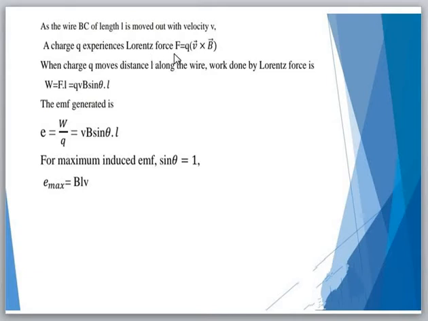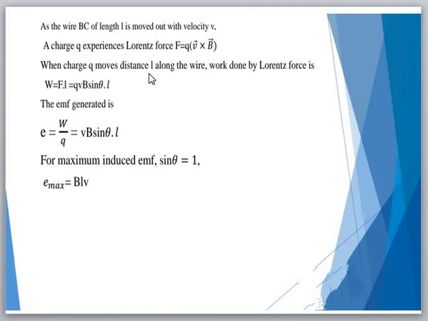This Lorentz force F bar is equal to Q, which is the charge, V bar cross B bar, where V is the velocity assigned to the conductor BC, and B is the magnetic field.